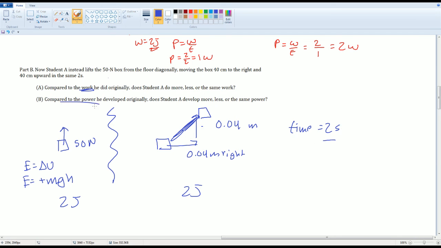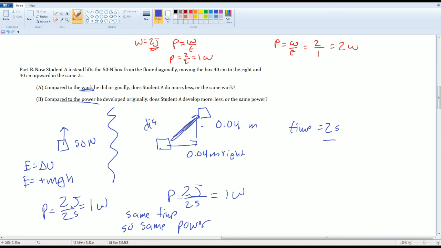So divide this by 2 seconds. Power is still going to be equal to 1 watt. So it's the same time, so same power. Again, the distance doesn't matter. Okay, there you go. Oh, wow. That video was easy to make.